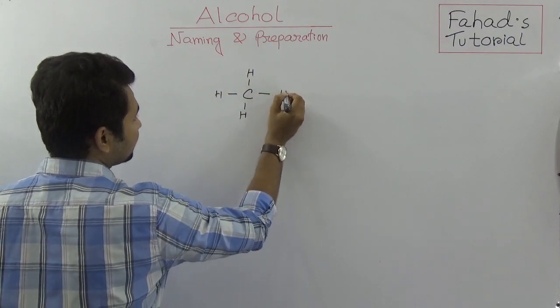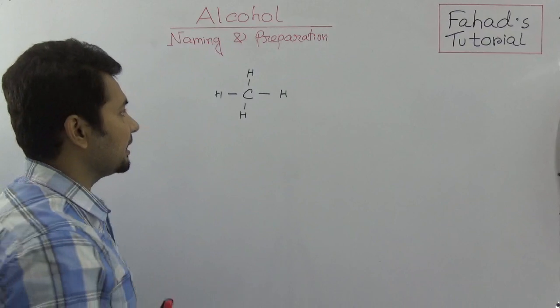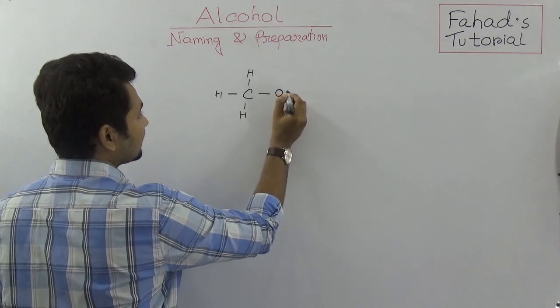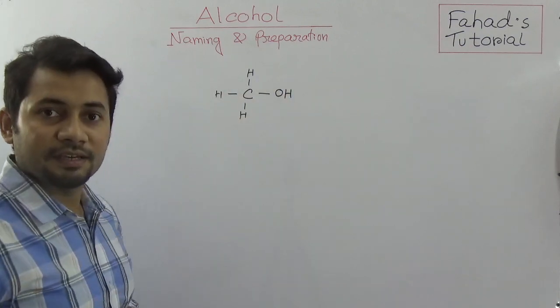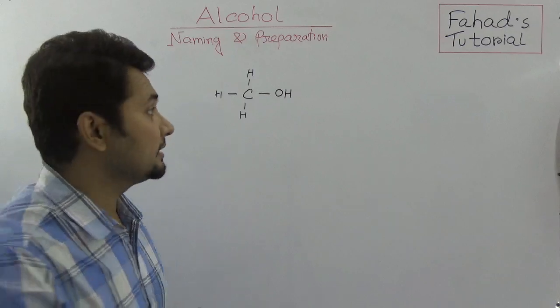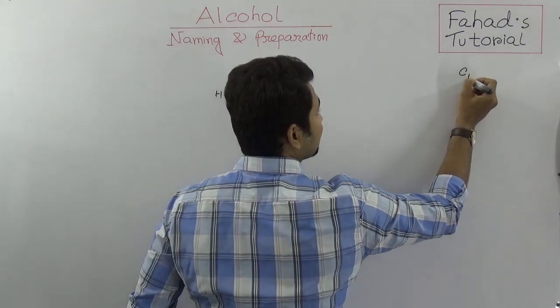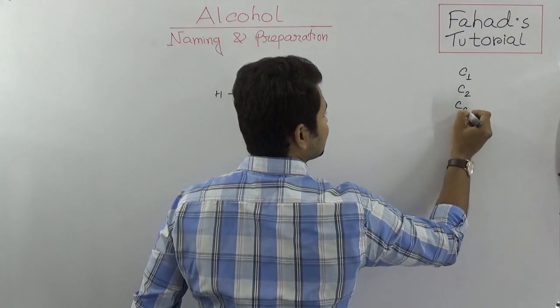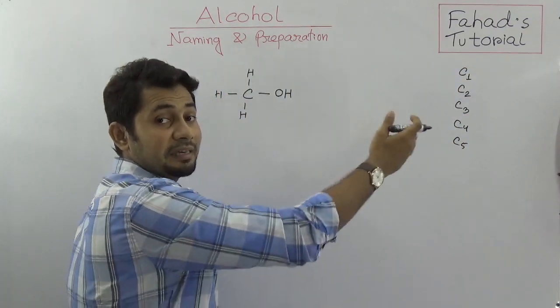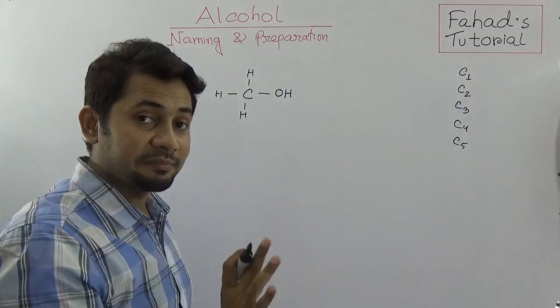If one hydrogen is substituted by a hydroxyl radical, OH, then it is actually alcohol. So we know that based on the number of carbon, I explained it several times, we say meth, eth, prop, butane, pent.